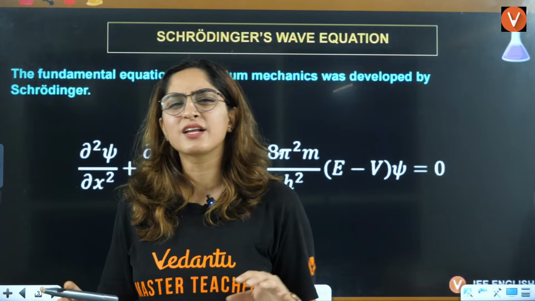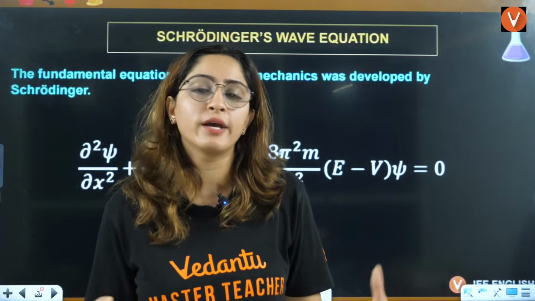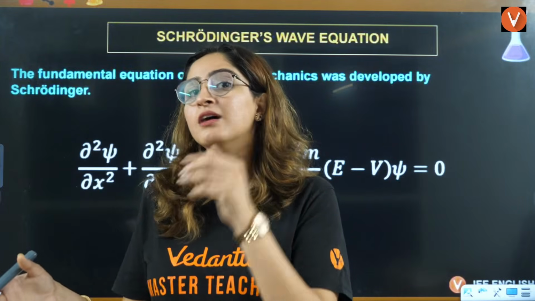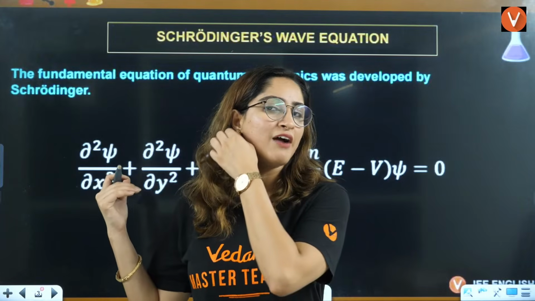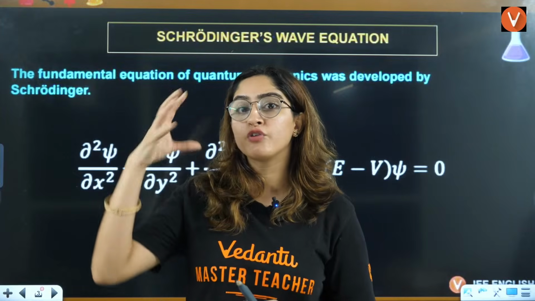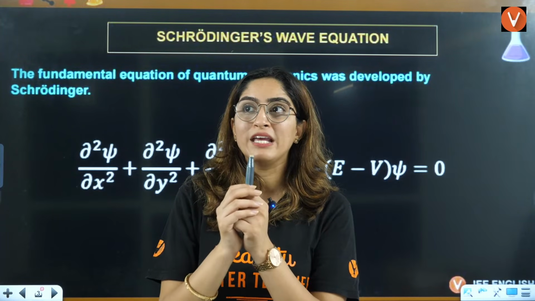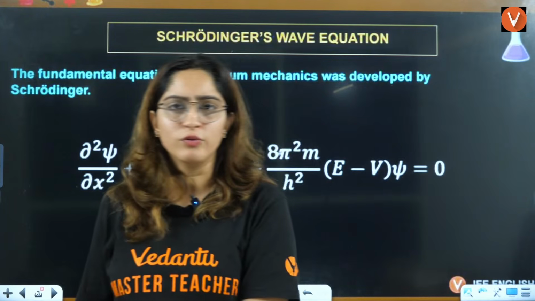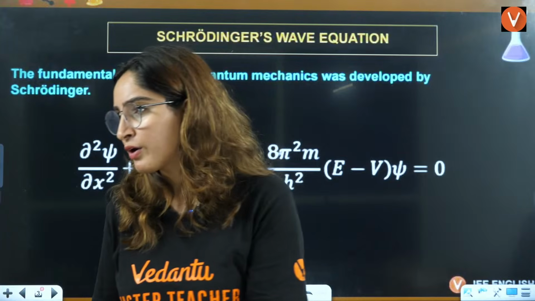Some students feel that this is a very complicated topic, but if you learn it in a better way, it is easier. I have taken screenshots of some 3D models to make you visualize the orbitals, everything. Even the graphs I will teach you with very simple rules, so you don't have to worry about anything.